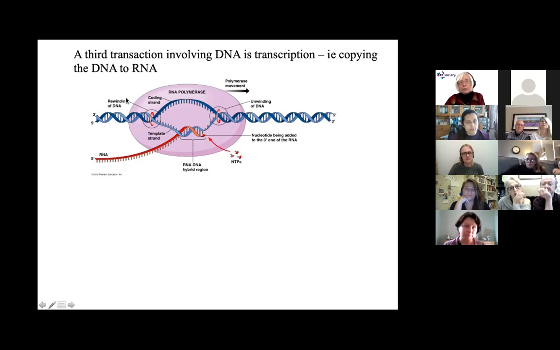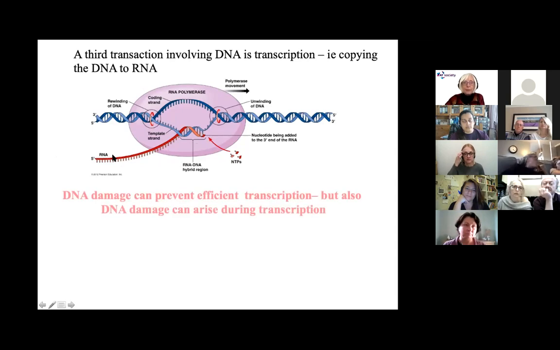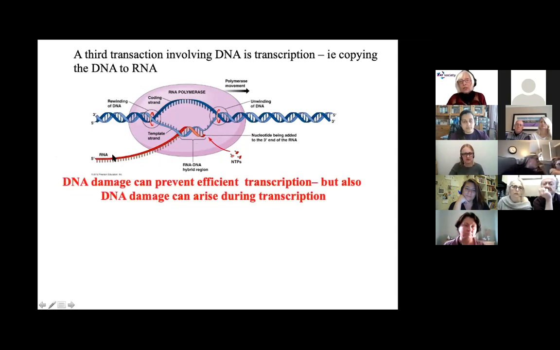And the point of what I wanted to show you here is that that requires your DNA being opened up. It's actually a very complex process, and it requires all what we call the transcription machinery to get in here and copy these sequences. So DNA damage can prevent efficient transcription, but also DNA damage can arise during transcription.